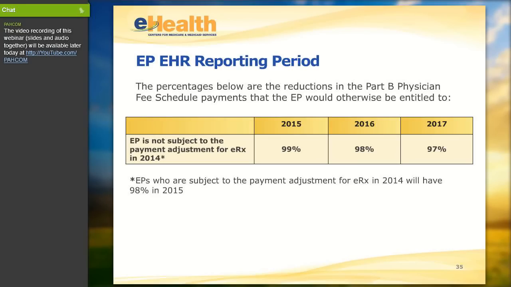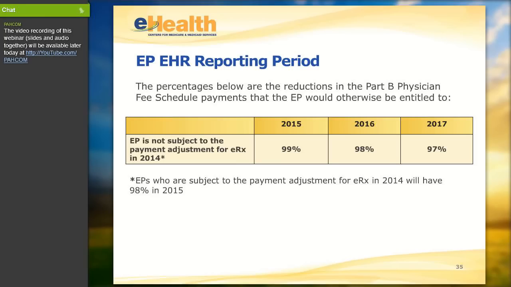The rest of these slides get a little bit more complex, but essentially the important thing to understand is that what you're facing as a payment adjustment is a reduction in your Part B physician fee schedule payments. That amounts to a 1% adjustment in 2015, and then it escalates from there. It is not tied to you not being a meaningful user after a certain period of time.